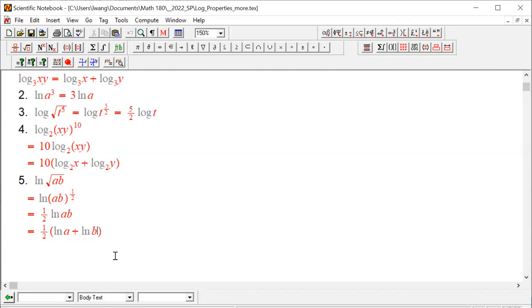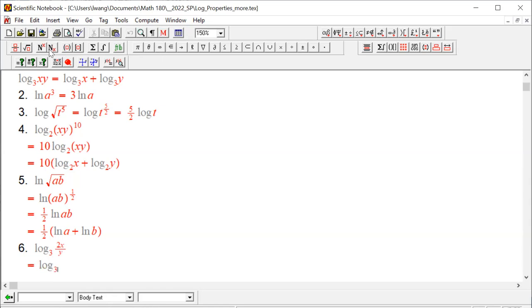Let's look at another example. It's a quotient, number 6. We have log base 3 of 2x divided by y. If we are to expand it, we use the quotient rule this time.